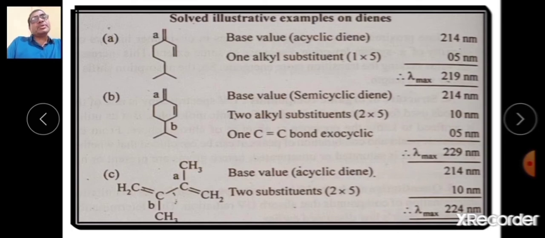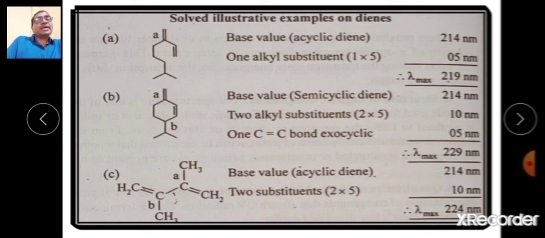Here I am showing this bond is exocyclic to this ring, and therefore add 5 nanometer, and therefore lambda max value becomes 229.